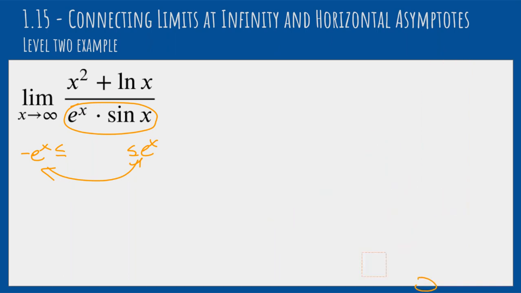So when we're dividing by numbers in the denominator that are not approaching any particular value, then we're dividing sometimes by really big numbers and getting really small numbers, sometimes divided by really small numbers and getting really big numbers. And so it's not going to be approaching any particular value. So as the top approaches infinity and as the bottom oscillates, then we're going to have an oscillating function here, and this limit is not going to exist.